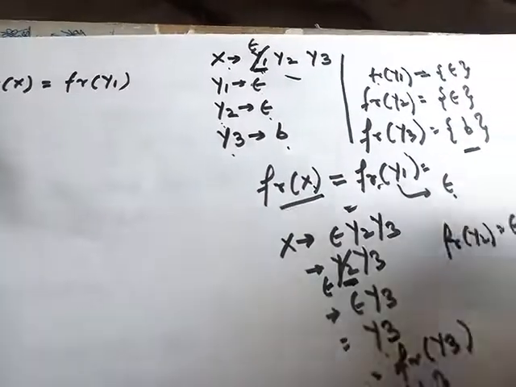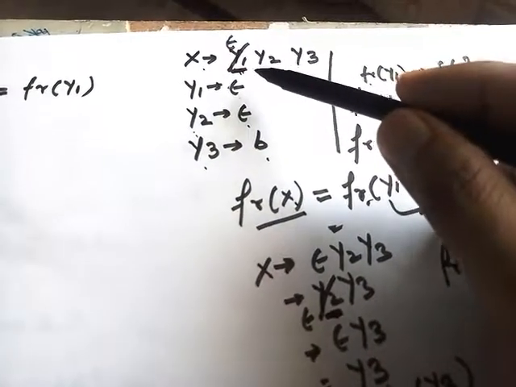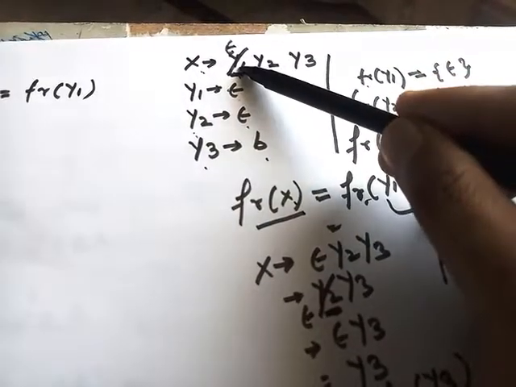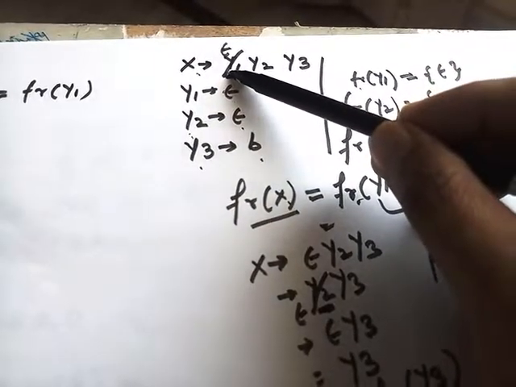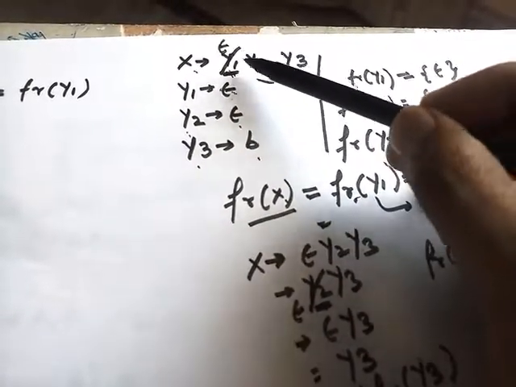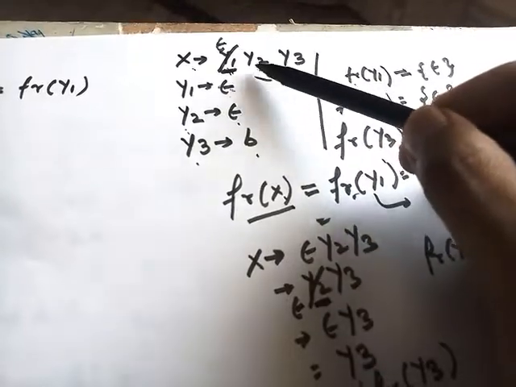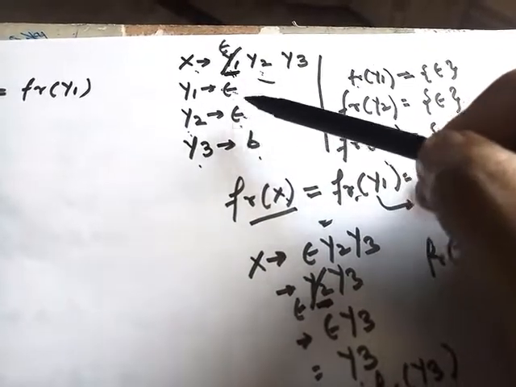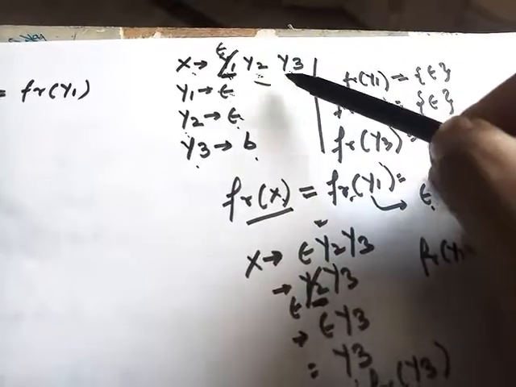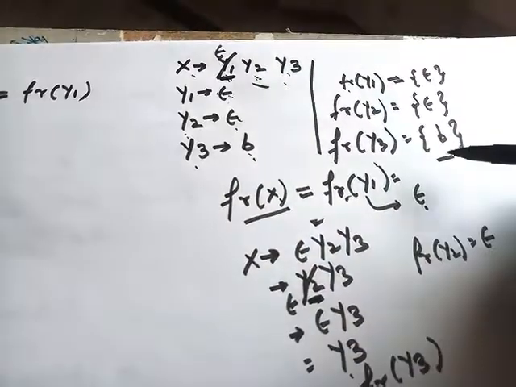So if you are given non-terminals in a sequence, first of X is first of Y1. If first of Y1 is epsilon, then substitute it. Then find out first of Y2. If Y2 is also epsilon, substitute it. Then find first of Y3. And if Y3 is B, that is your answer.